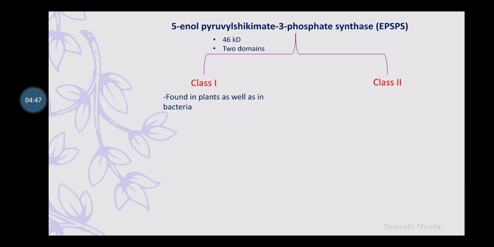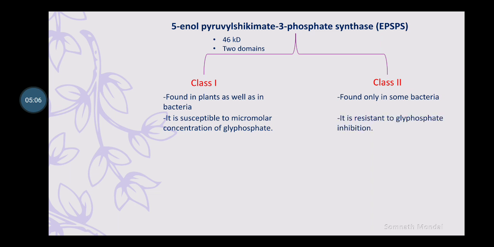Class 1 is found in plants as well as in some bacteria, and this class 1 EPSPS is susceptible to micromolar concentration of glyphosate. However, class 2, which is found only in some bacteria, is resistant to glyphosate inhibition.